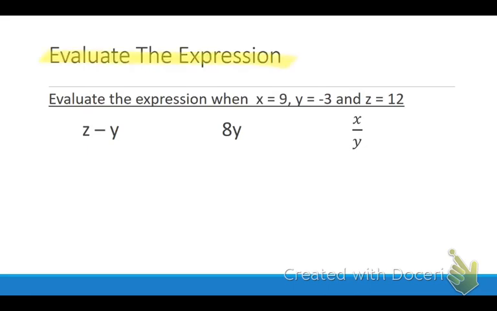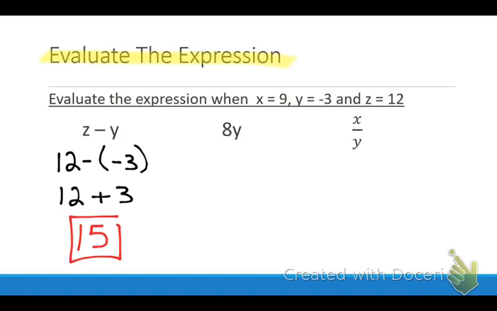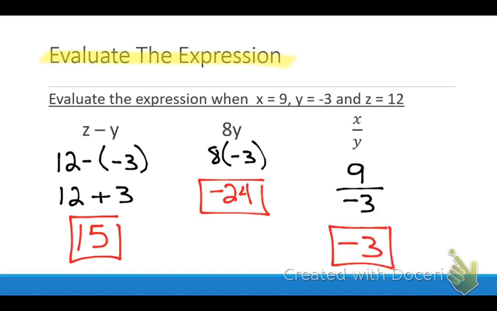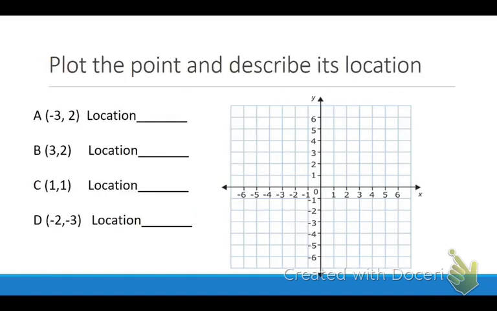And we get 12 minus -3, which is a double negative, changes to a positive, 15. On the second one, 8 times -3, which is -24. The next one, 9 divided by -3 is -3. Who got them all? All right, give yourself 3 points at the top of your paper. We're keeping track of points.